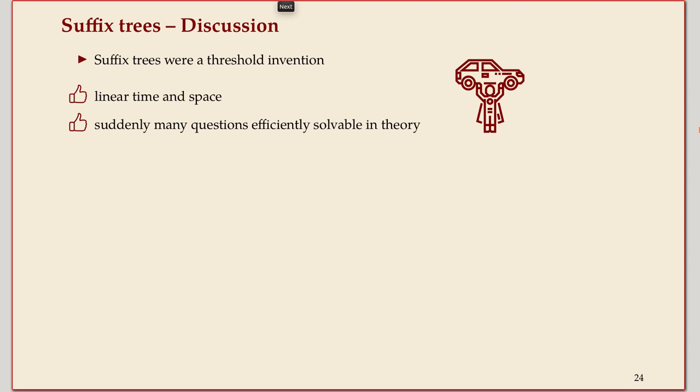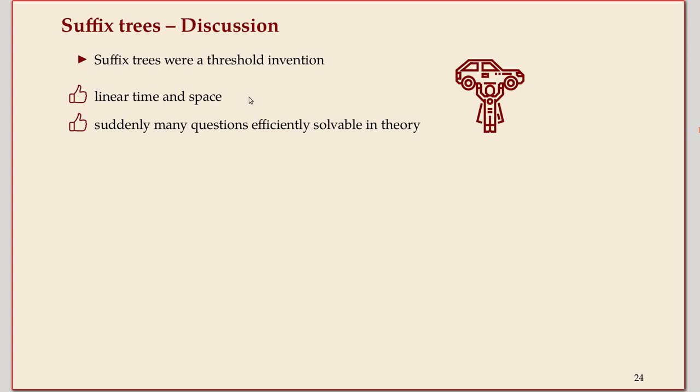So we've started out with the innocent task of doing pattern matching when the text is fixed and we can spend time on the text. We found a solution in form of the suffix trees, which has, at least in terms of the theta classes, the best possible trade-off. It's linear time to construct it, and it takes linear space once it's constructed.